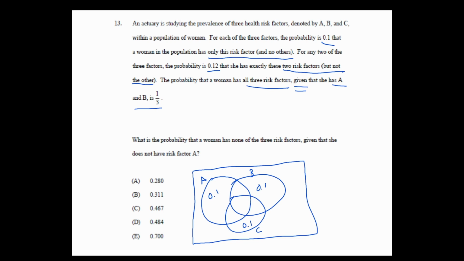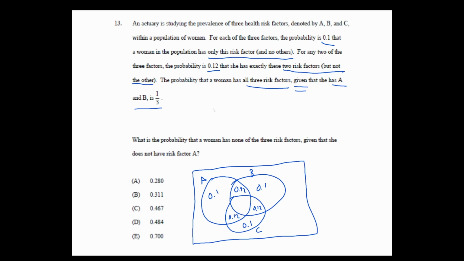Now, the next piece of information is that for any two of the three factors, the probability is 0.12 that they have only two risk factors, but not all three, right? So that means in this intersection, it'll be 0.12, here as well, and here as well.